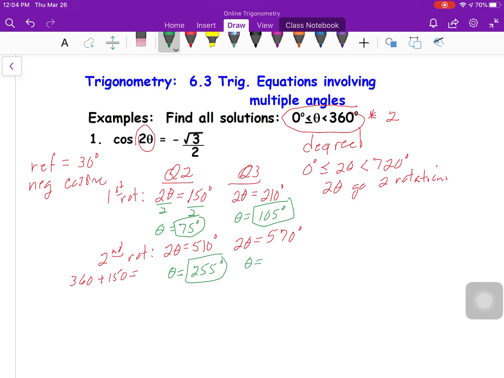And likewise for our final answer, 570 divided by 2 comes out to be 285 degrees. You'll notice that all of our true answers did end up within that first rotation, 0 to 360. And that's how we'll handle multiple angle situations.